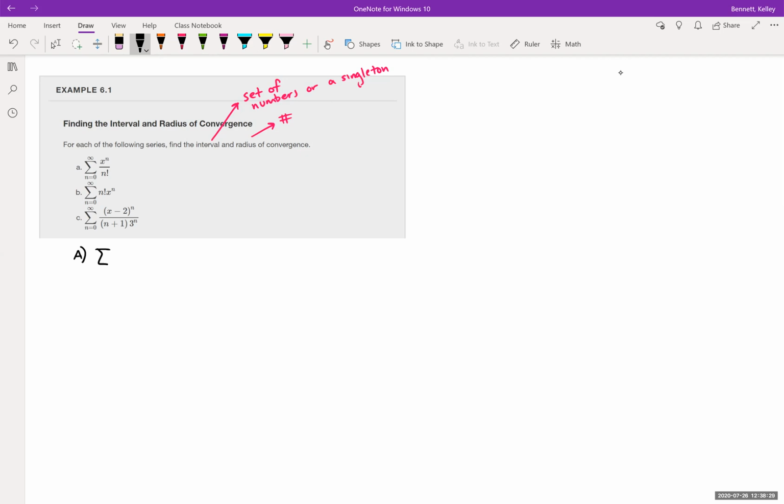So if I wanted to consider this series here, because I have the factorial, I would think, okay, maybe I'll apply the ratio test. But then I also have x to the n in my numerator. So I'm like, oh, maybe I should apply the root test. And what helps me pick between the two is that taking the nth root of n factorial sounds very messy and something that I wouldn't want to do. So I'm going to apply the ratio test.